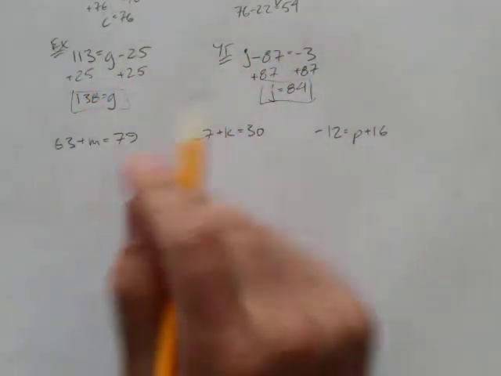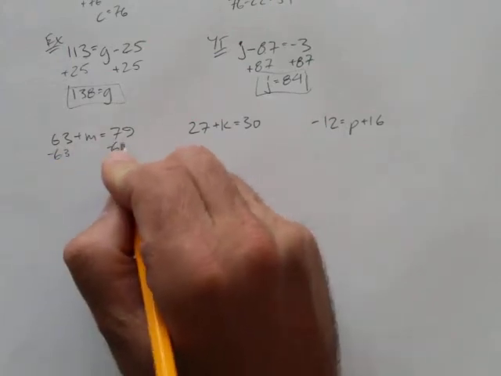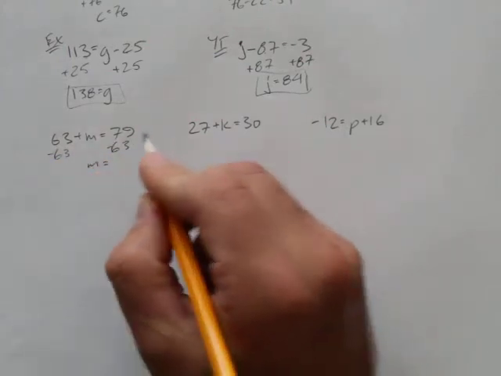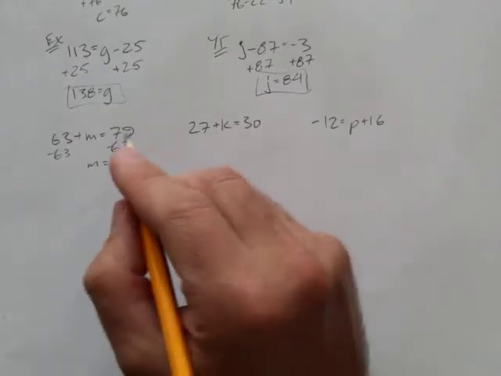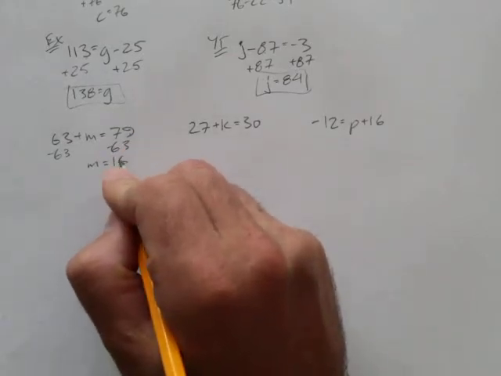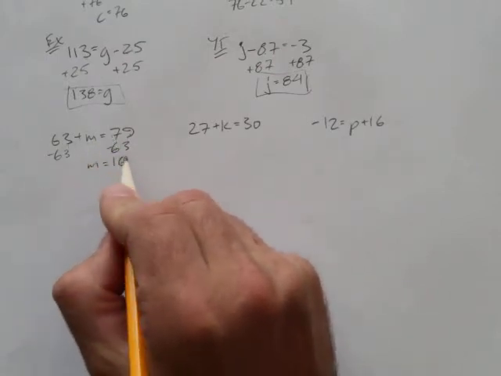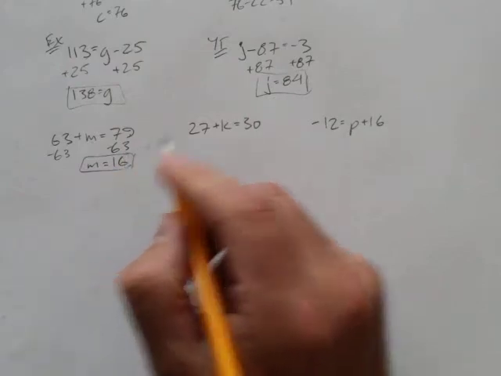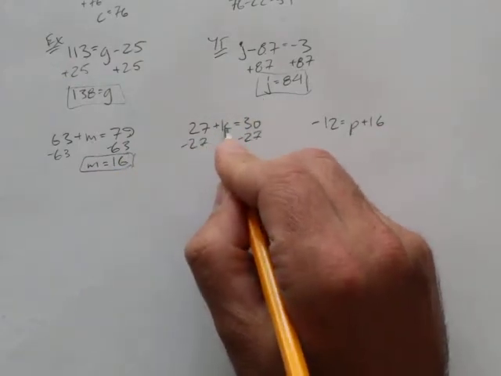All right, for this one, I want m by itself. Subtract 63 from both sides. m equals 79 minus 63, which is 16. Put 16 back in here, make sure 16 plus 63 is 79, and it is. Subtract 27 from both sides of this one because I want k by itself.